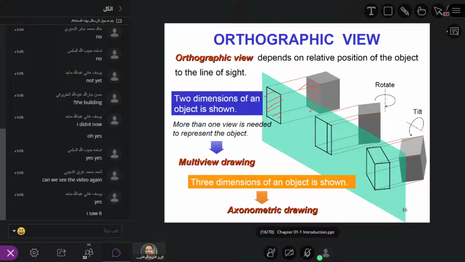But interestingly, because your line of sight is parallel to the edges, if the object is rotated, then you will see one, two, three edges, and these three edges are different.